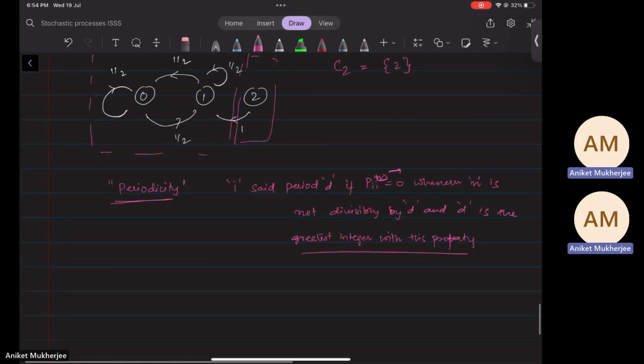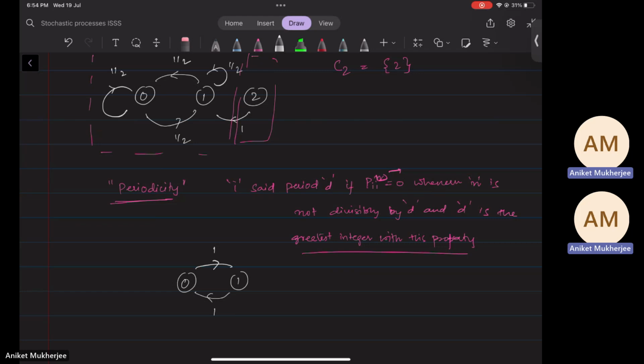So suppose you have a Markov chain with states 0 and 1, where you always switch between them. You start from 0, then all the even steps will be occupied with 0 and all the odd steps will be occupied with 1. So the positive probabilities of being in 0 occur only at even steps.